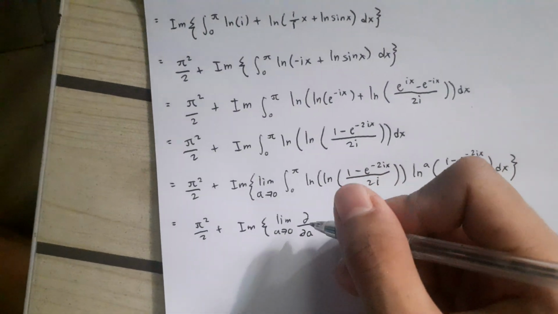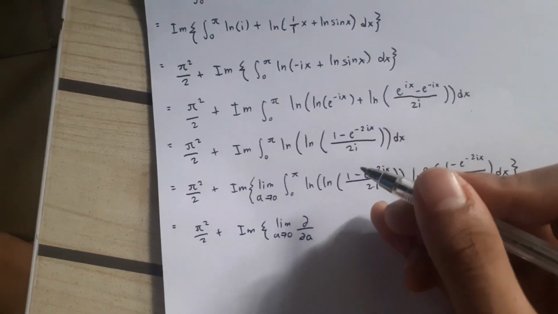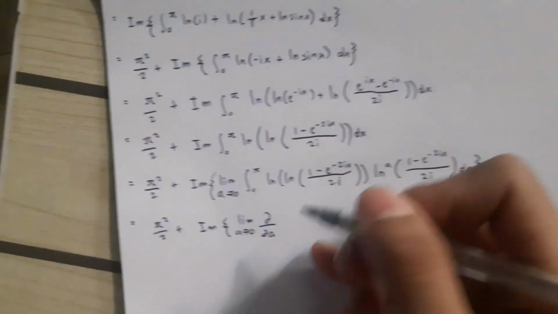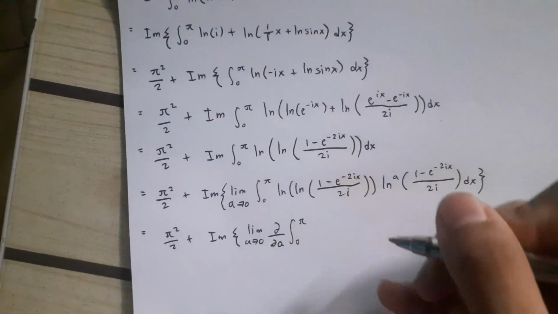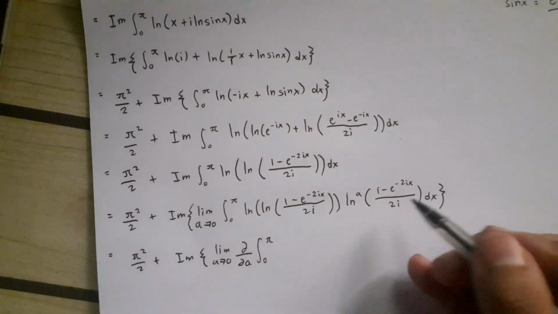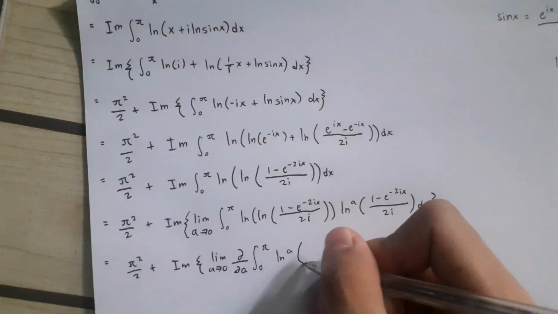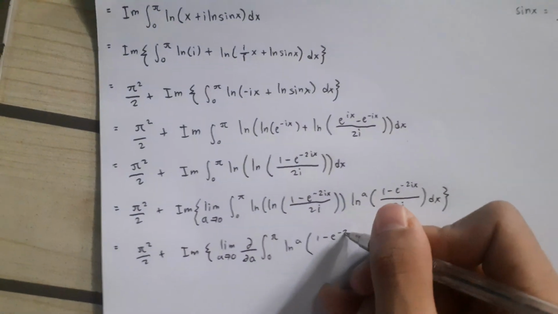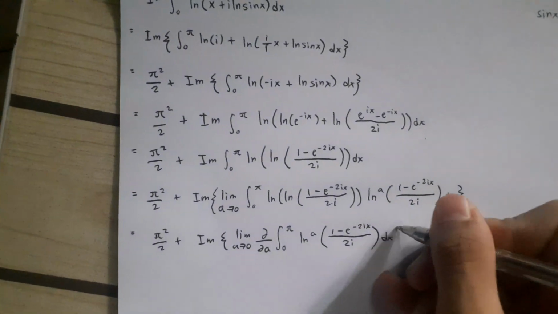Of course, we take the first derivative with respect to a, and from 0 to pi we are left with this integrand, ln to the a of 1 minus e raised to negative 2ix divided by 2i dx.